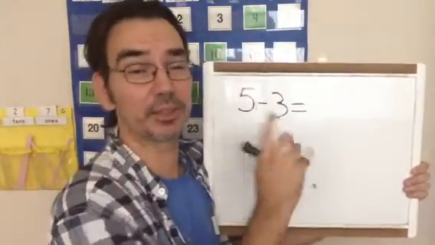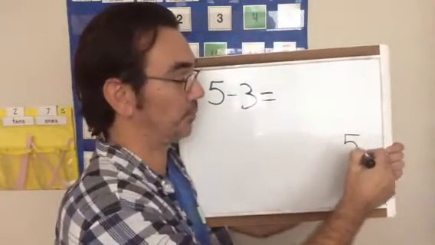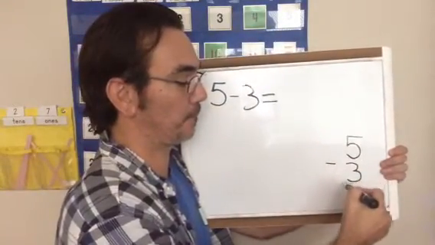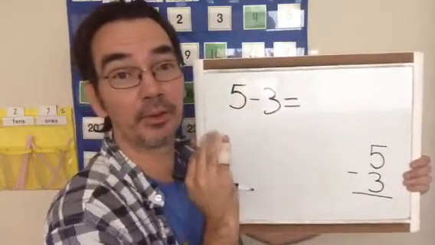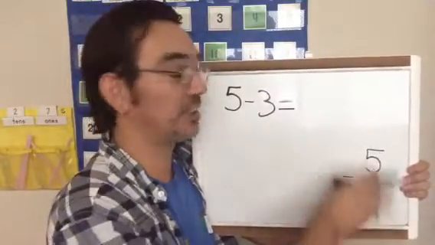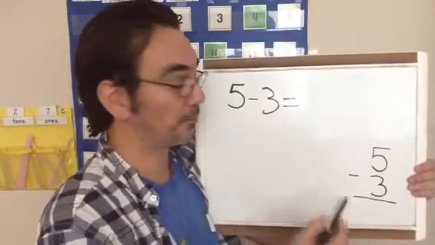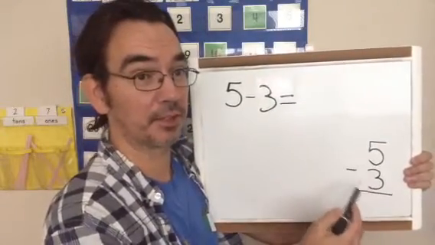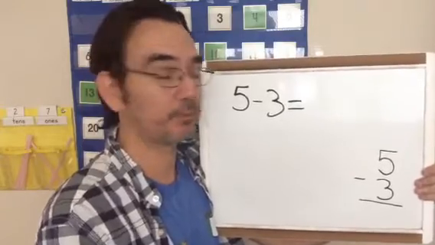It's going to be given to you like this. Other times it's going to be like this. This and this are the same thing, right? It's just set up a little bit different. We have 5 minus 3 equals, and over here we have 5 minus 3 equals. So it's the same, right?